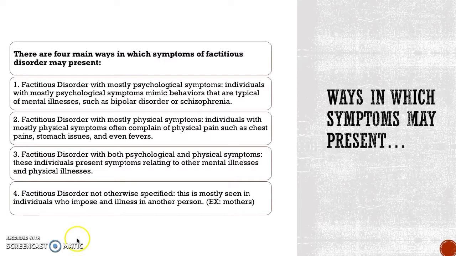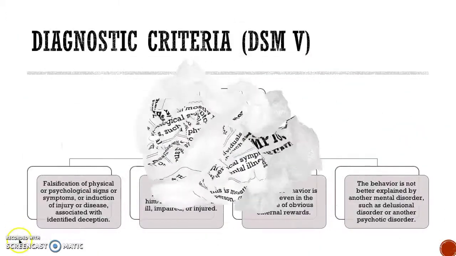And lastly, there's factitious disorder not otherwise specified. This is mostly seen in individuals who impose an illness in another person. So the perpetrator may not have symptoms, but may report that their child or parent has symptoms.